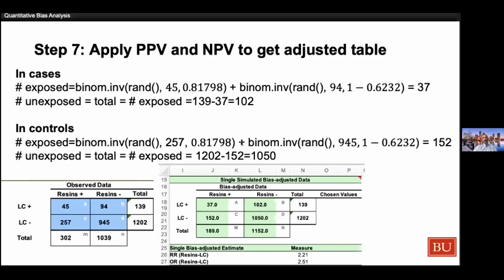But then I can do the same thing for the controls, and that's going to give me a number of people in each of my 4 cells. It's not going to be exactly what the expectation was, but it's going to be close because I'm sampling from distributions. And so this allows me to account for the variability that I would get if I was applying these adjustments to individuals.